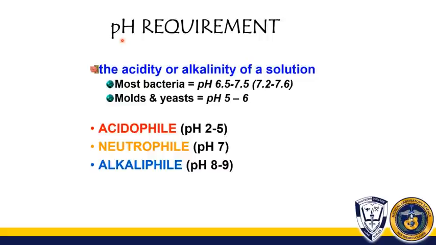The range of pH over which an organism grows is defined by three cardinal points: the minimum pH, below which the organism cannot grow; the maximum pH, above which the organism cannot grow; and the optimum pH, at which the organism grows best.